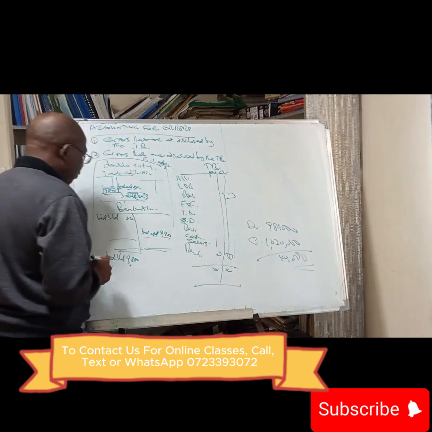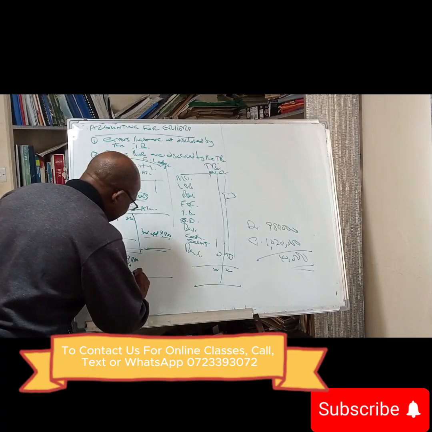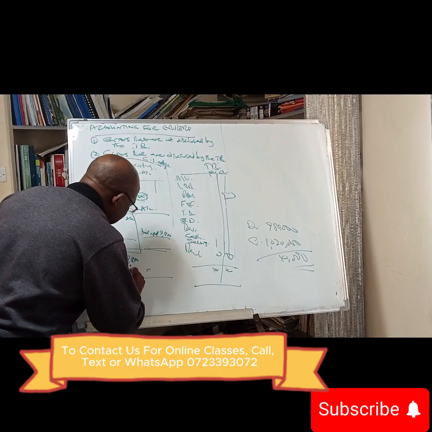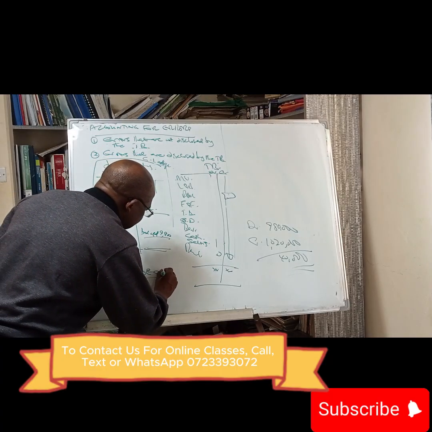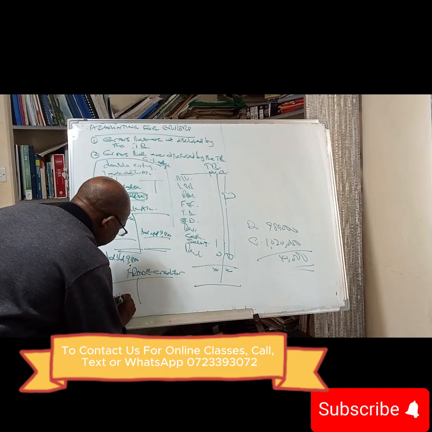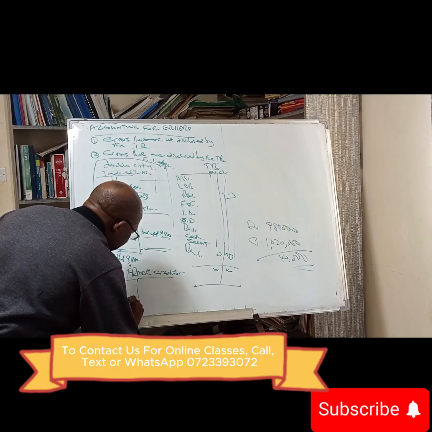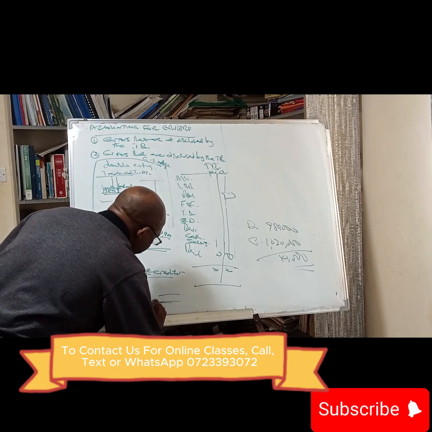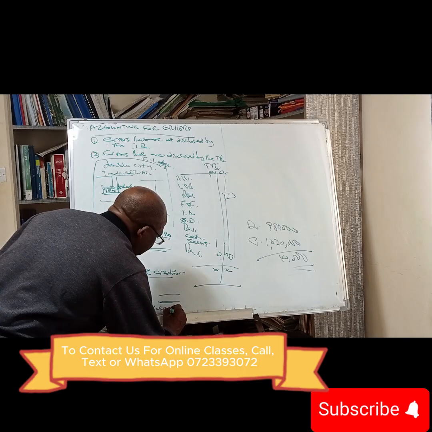If it's on the credit side, like trade creditors, our balance carried down will be on the debit side, and the balance brought down will be on the credit side.